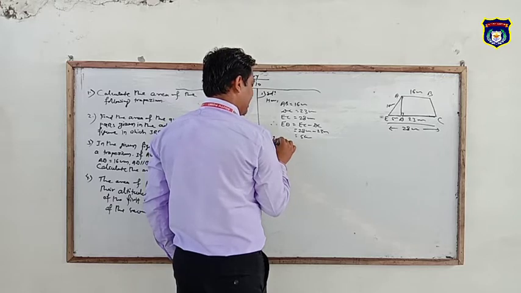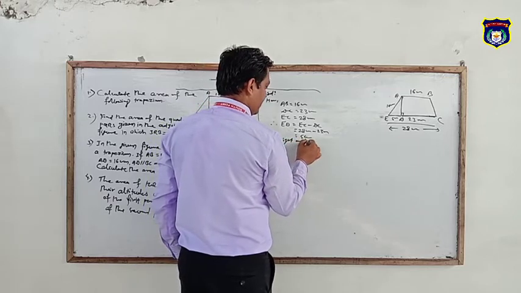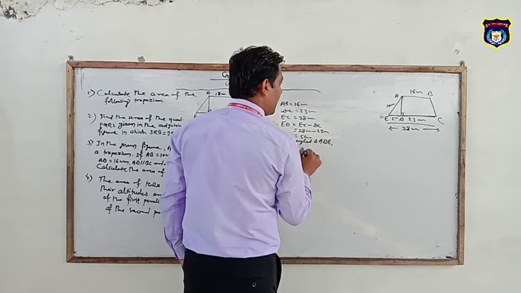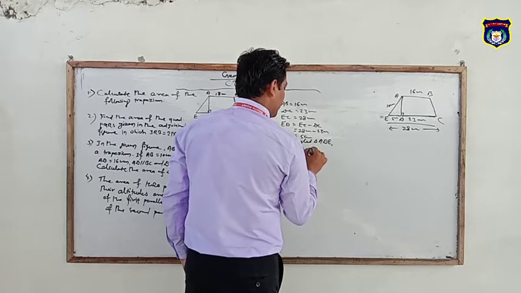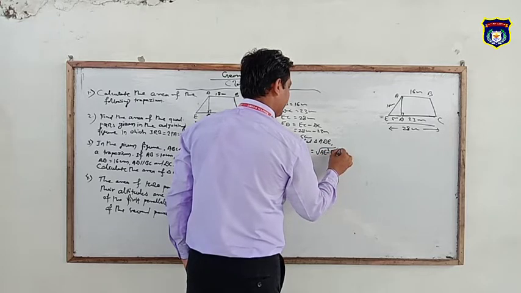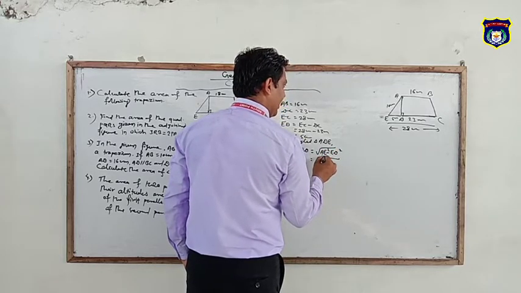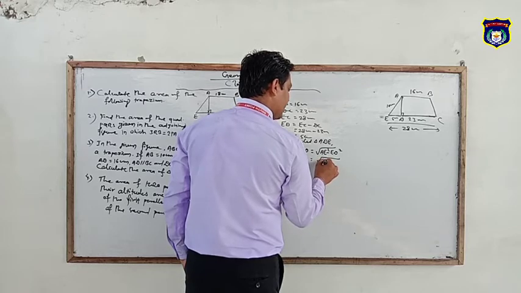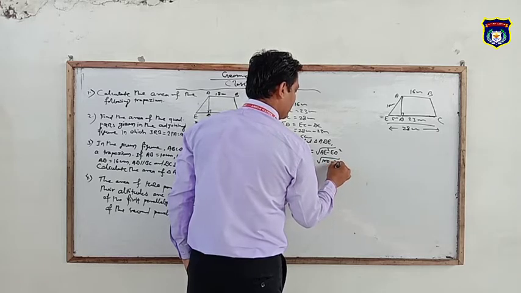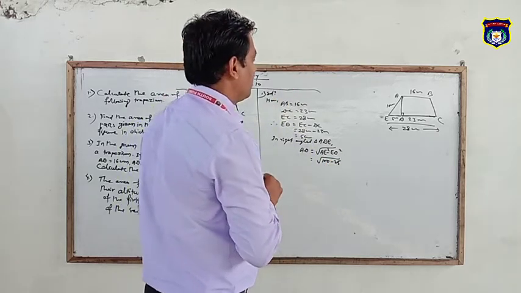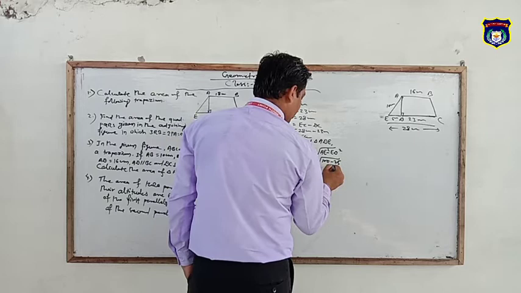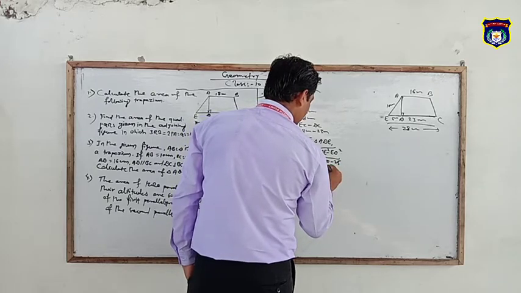Now, in the right angle triangle, AD is equal to root under AE square minus ED square. AE is 10, that means the square of 10 is 100 and ED is 5, which is the square, is equal to 5 root 3 centimeter.